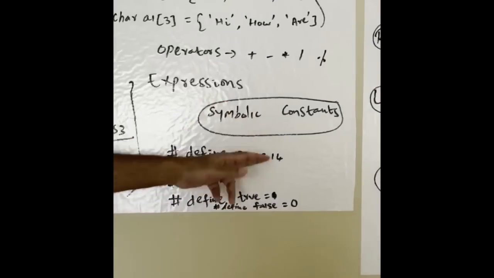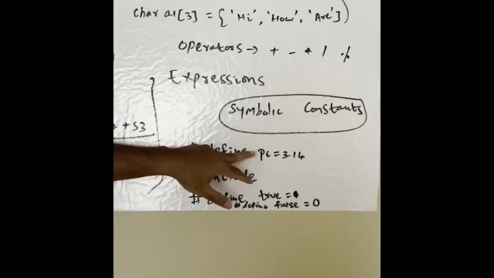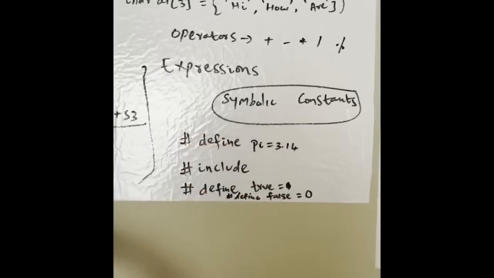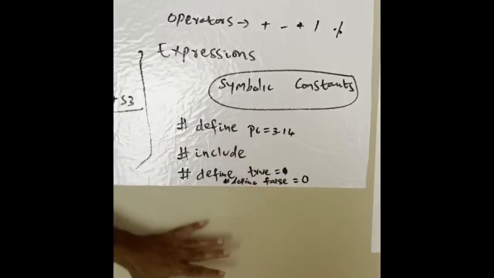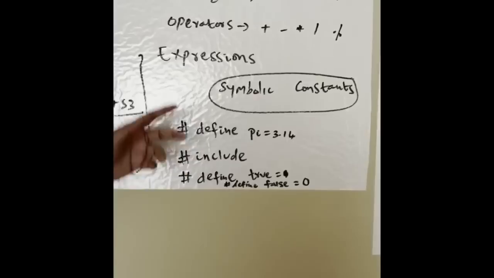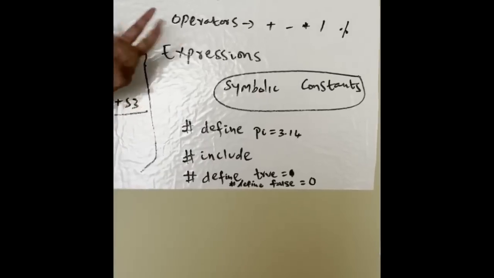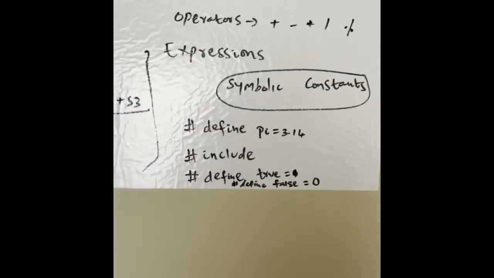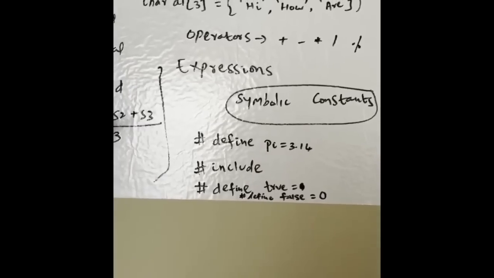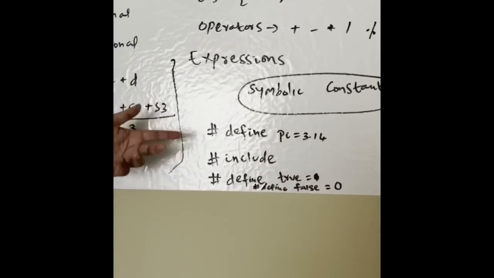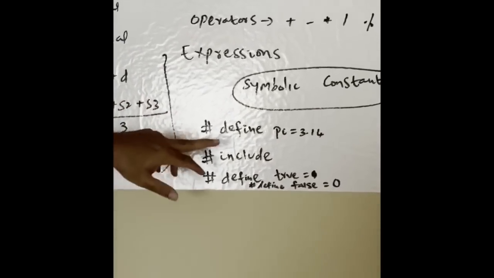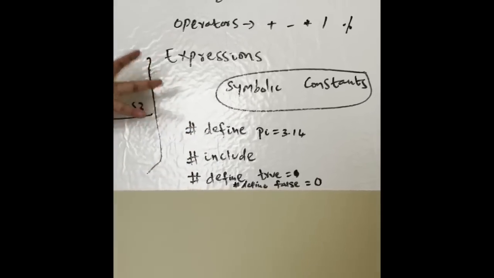Instead of using the number each time, we put a variable name, pi equal to 3.14. Then the rest of the program will use the pi value, and the C compiler will automatically replace the values. When you write a program, the C compiler translates everything into C statements internally.